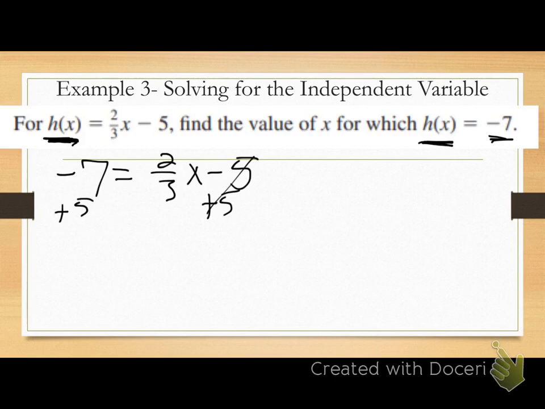Negative 2. I still have this 2/3 x over here. How would I get x by itself? Divide both sides by 2/3 because x is being multiplied by 2/3.